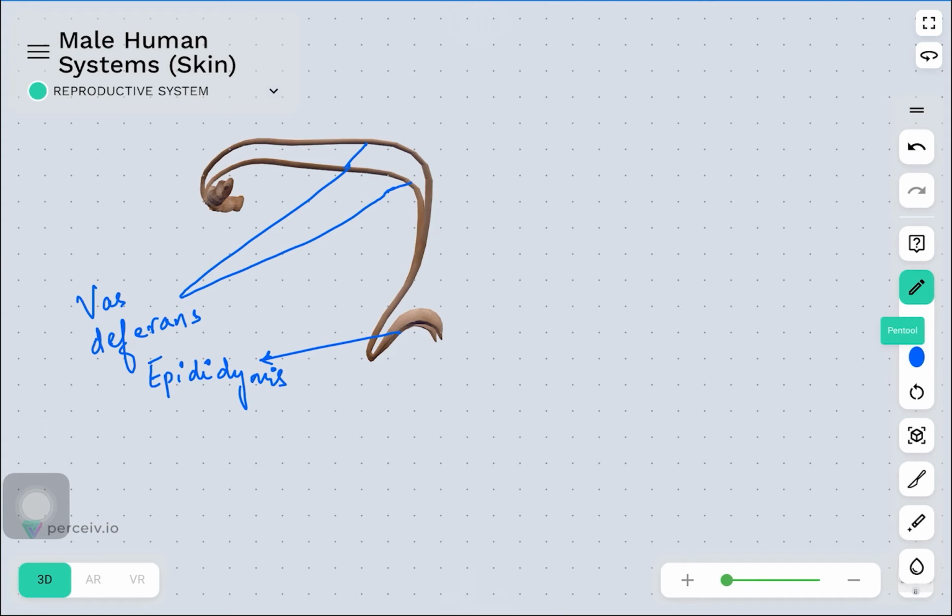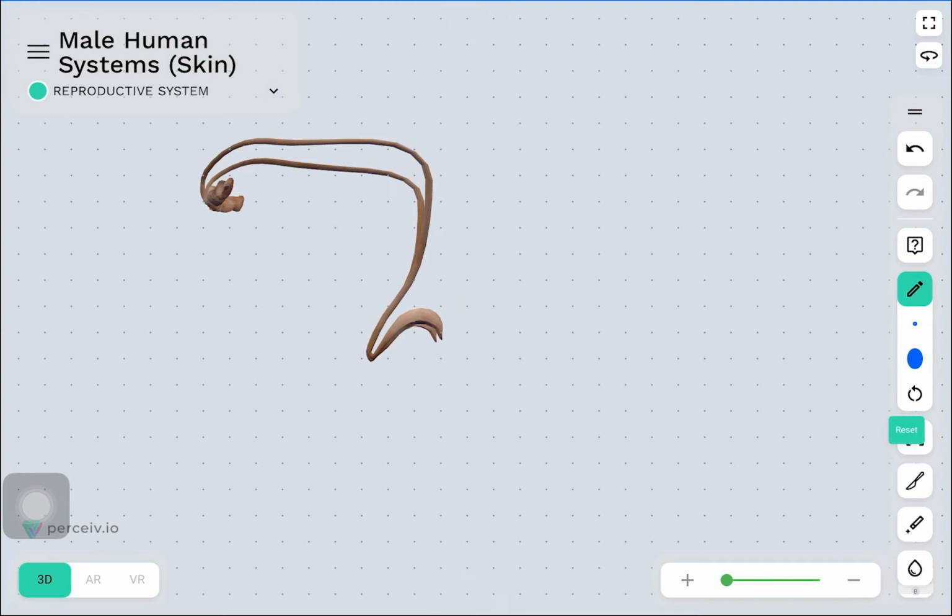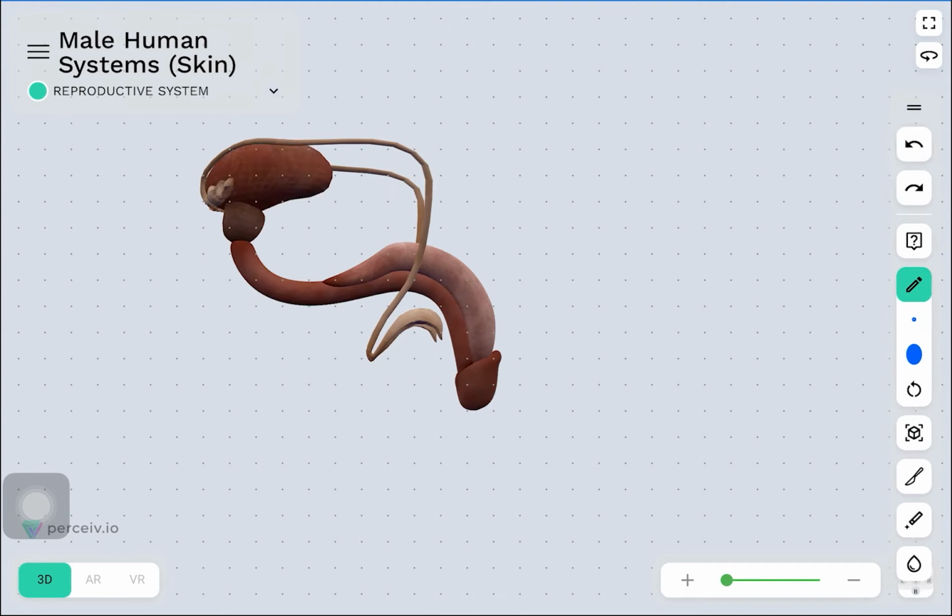This is representing the epididymis and that one is representing the vas deferens. All right, and this is a very surprising thing to know that all these ducts which I have explained right now are interconnected to one another. All right, rete testis is connected to vasa efferentia, which is then connected to epididymis, which is then connected to vas deferens. All right, so there is just an interconnection of all the components.